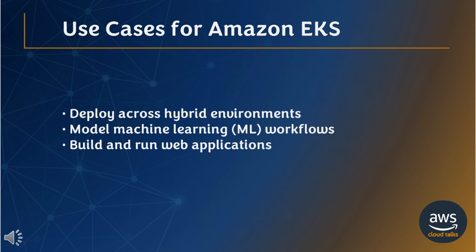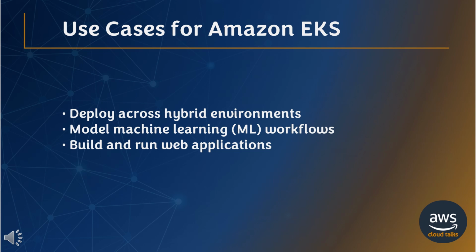Now let's talk about the use cases for Amazon Elastic Kubernetes Service, Amazon EKS. Amazon EKS supports the following use cases, which cover the need of a broad range of customers: deploy across hybrid environments, model machine learning ML workflows, and build and run web applications.